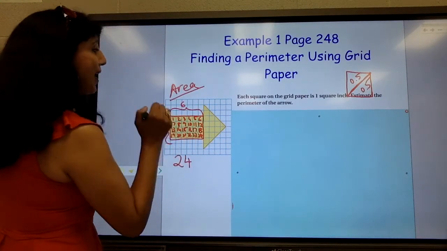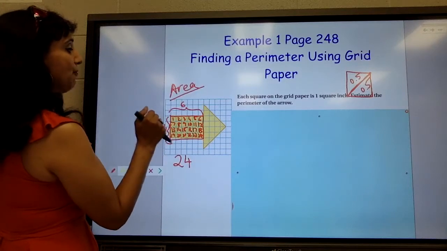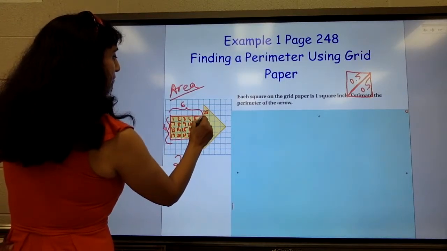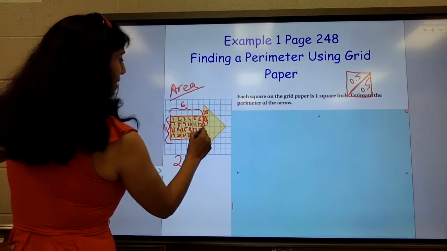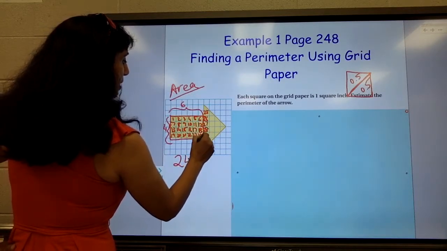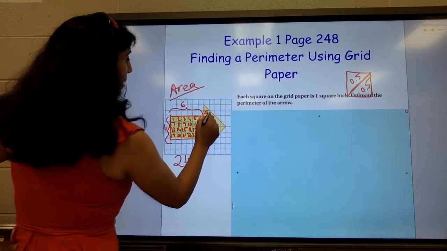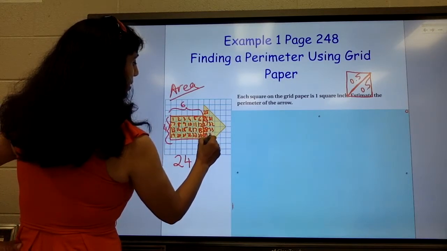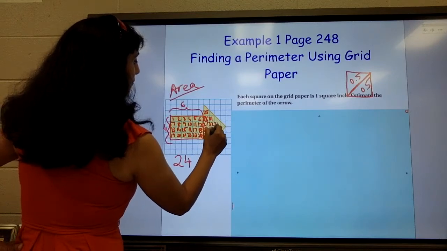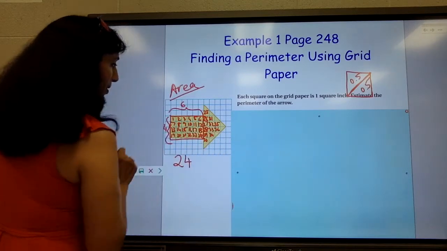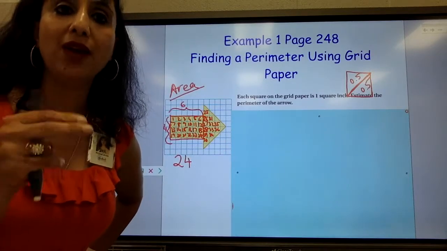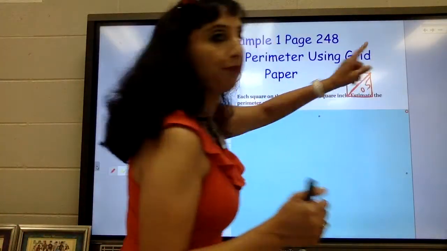So if this is 24, let's count the complete squares first. So 24, this is 25, 26, 27, 28, 29, 30, 31, 32, 33, 34, 35, 36. Now, 2 half squares will make 1 whole. Think about it.